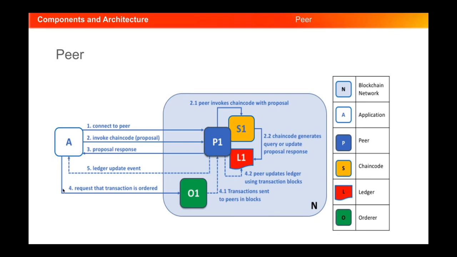Next, the request that the transaction is ordered is sent to the orderer. What the orderer does is, it sends the transactions to peers in blocks. So the orderer orders the transactions and creates the blocks, and these blocks are sent.